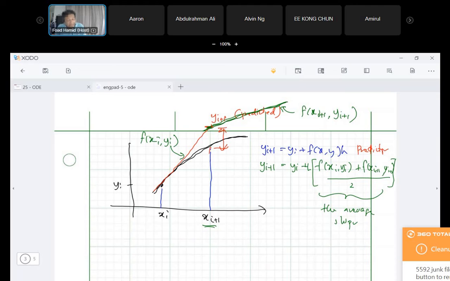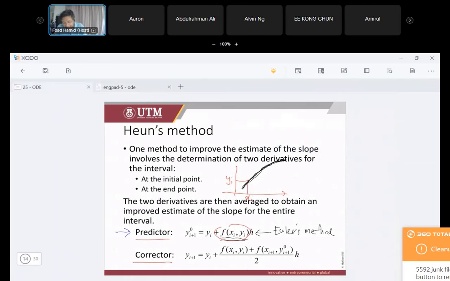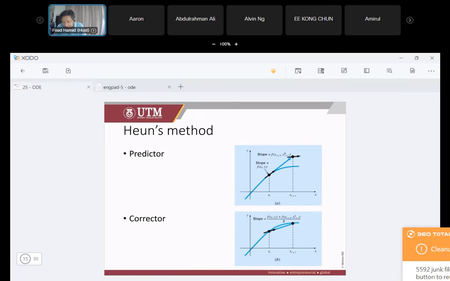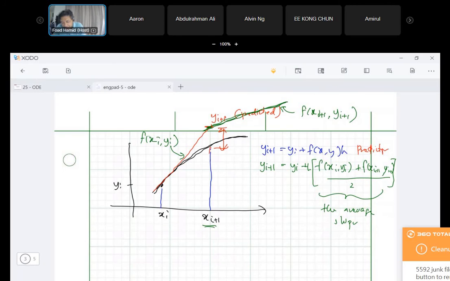I'm not sure how it looks, but if you take a look at the next slide, this is the slope based on the first point, and this is the second slope based on the second point, and we take the average, so it might look something like this. Oh no, I'm not going to use green here. Let's use something else.